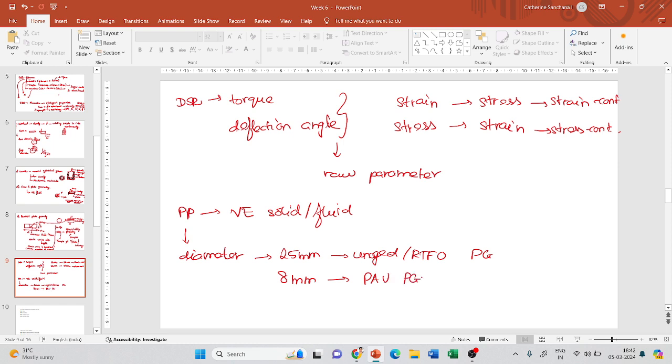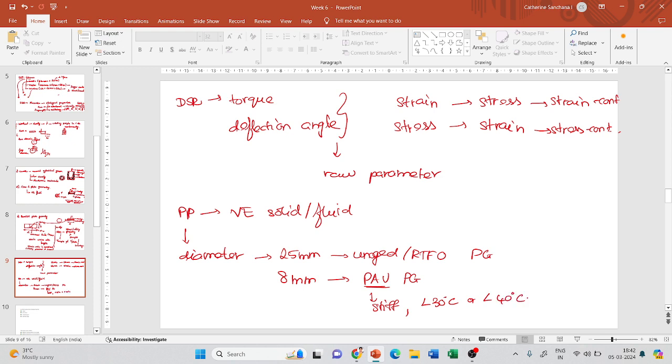So here I am trying to relate the concepts explained by Gala sir. He said that if your sample is very stiff, then you have to reduce the surface area of contact with the sample. Now, my PAV sample is stiff, and this testing is done at less than 30 degrees Celsius, or in some cases 40 degrees Celsius.